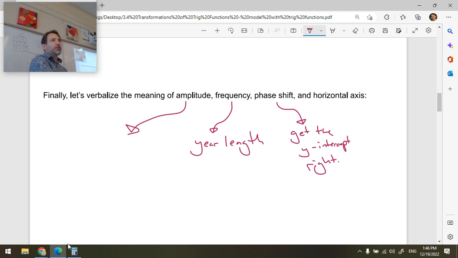But I wanted my graph to start at January. January happened to be a descending temperature, so I wanted to move the function so that my starting position was correct. And the horizontal axis is just the average temperature of the year. The amplitude is the temperature difference.